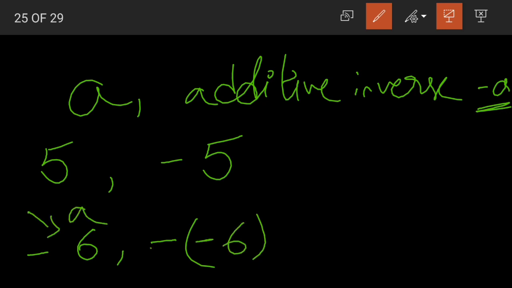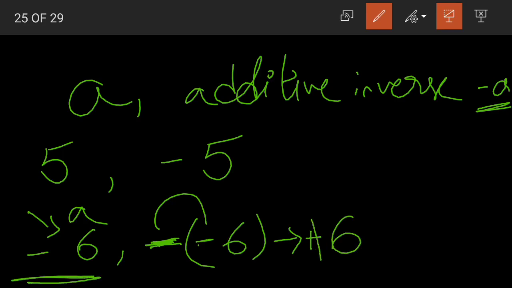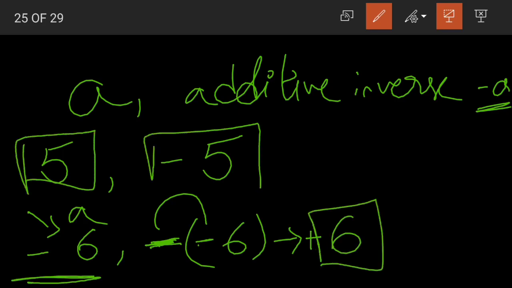Now, a has a sign of its own, and then we have a negative sign in front of a. So we put minus 6 in brackets. Minus of minus 6. Minus into minus becomes plus, and we have the absolute value 6. The additive inverse of minus 6 becomes 6. The additive inverse of 5 becomes minus 5.